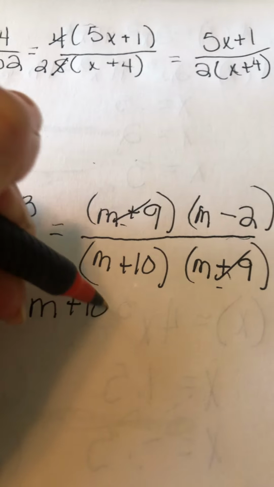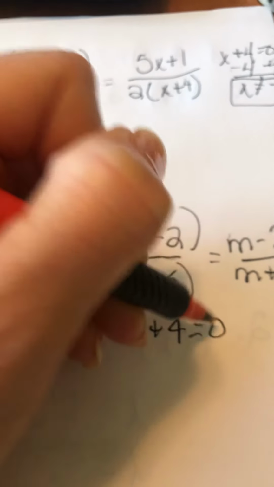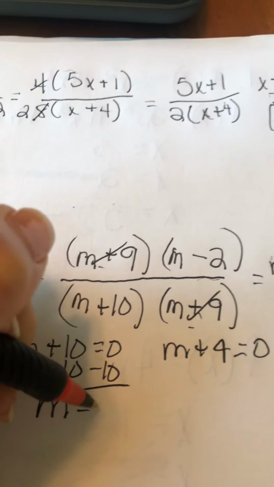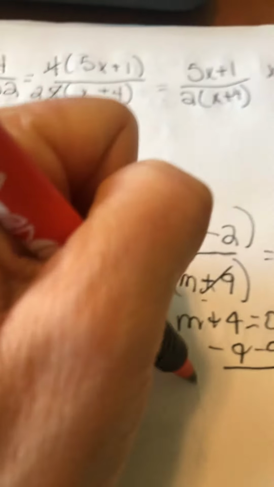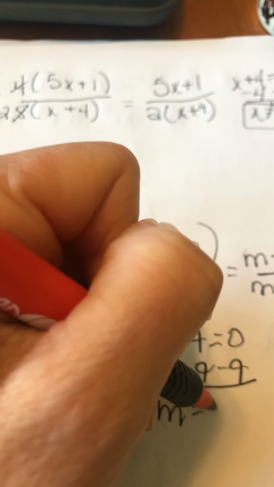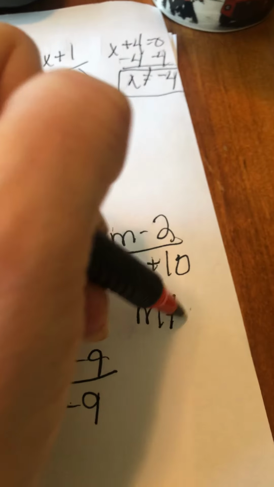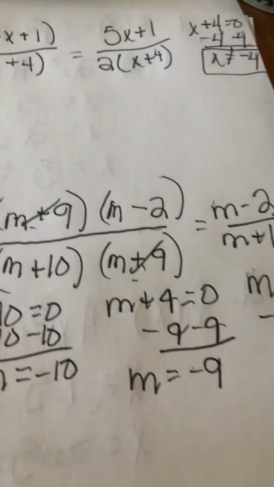So we say m + 10 = 0 and m + 9 = 0, and then solve. It's kind of like finding the roots; you set them equal to 0. So even though I simplified it, m cannot equal negative 10, nor can it equal negative 9, because in either case it makes my denominator 0.